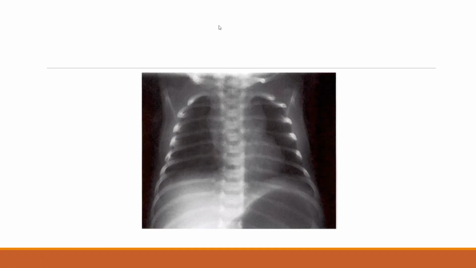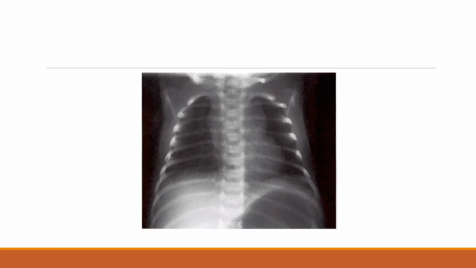If I say some differentials, then it would be easier. Is it thymus or cardiomegaly?